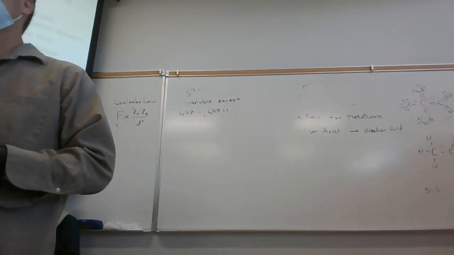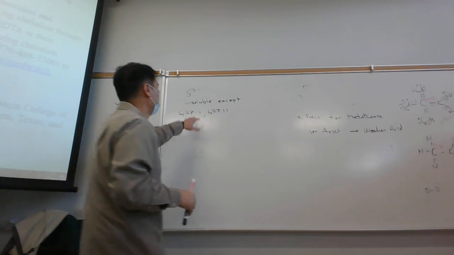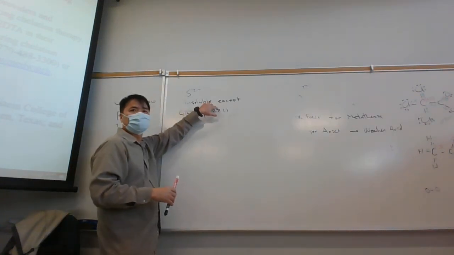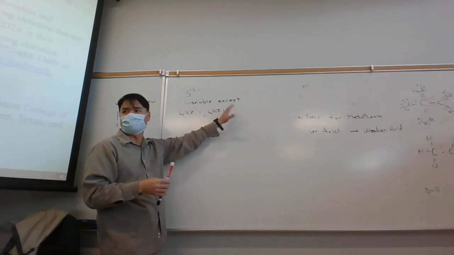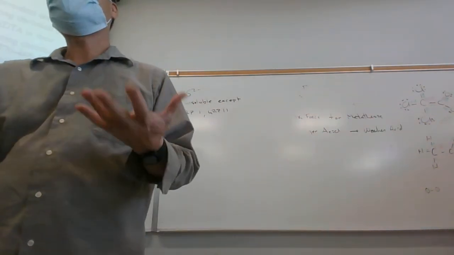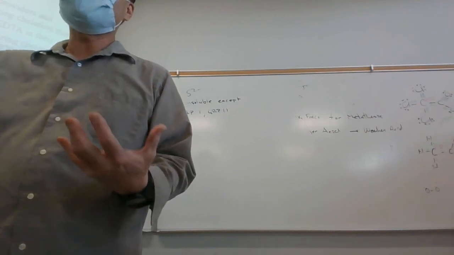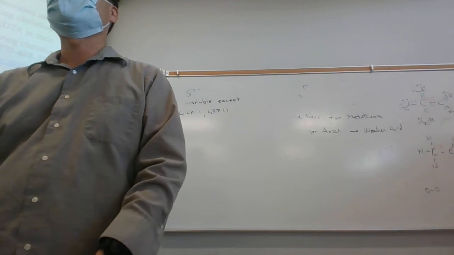Well, what would you think oxides would be? Would oxides be less soluble, that is, have fewer exceptions, or more soluble than sulfides in general? Oxides versus sulfides, which one would you expect to have more soluble compounds?